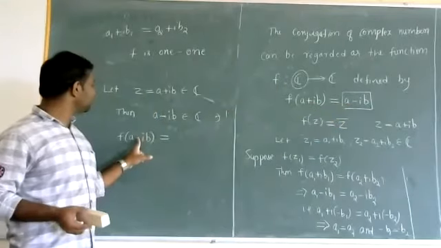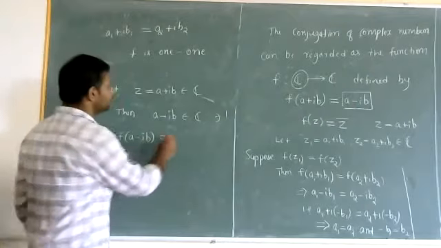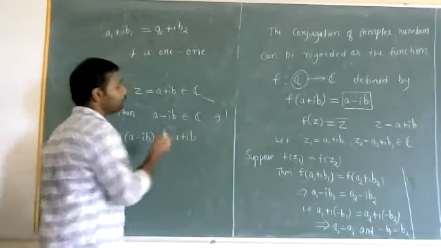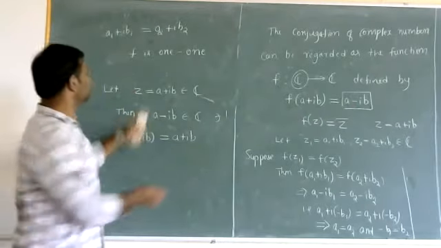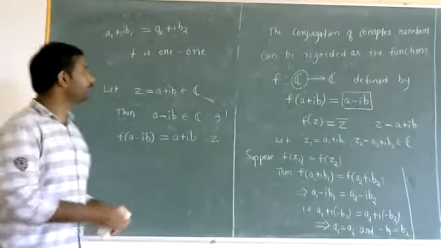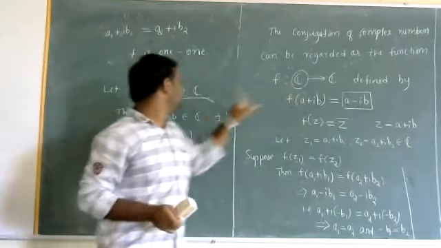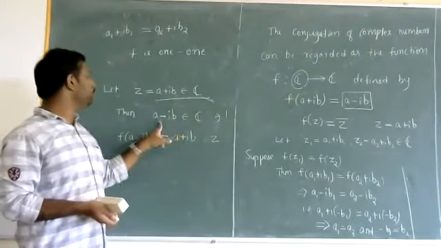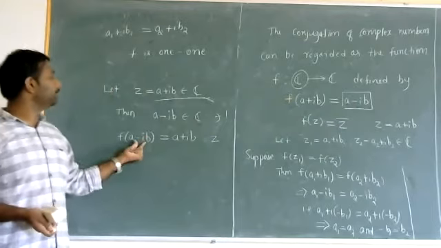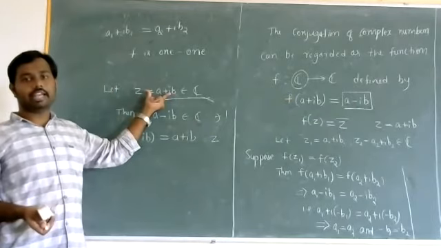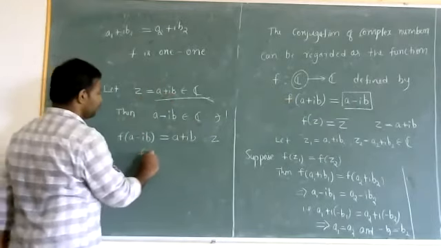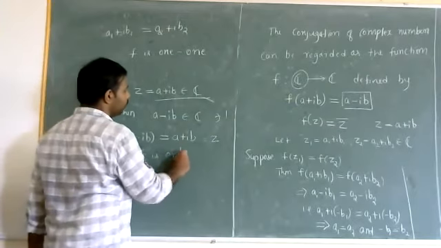Here the imaginary part is minus b, its negation is plus b. So its image is a plus ib. So for every codomain element, we found a domain element, because the domain is again C. So we found a domain element such that its image is the given element, which shows that f is onto also.